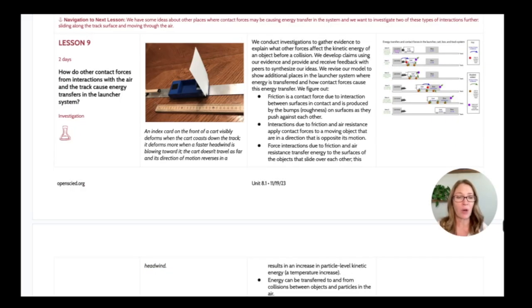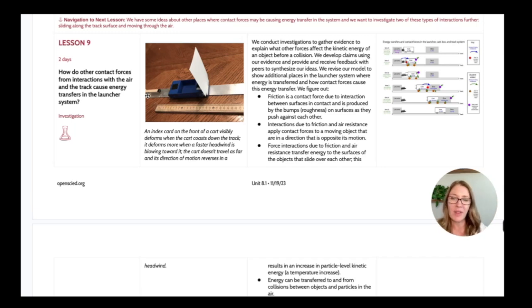In lesson 9, we're going to start to develop the idea of air resistance and friction. And you can see we have a cart track system again. There's a little index card, and that index card is going to move back when the cart's moving this way. The air is going to push the card down a little bit.